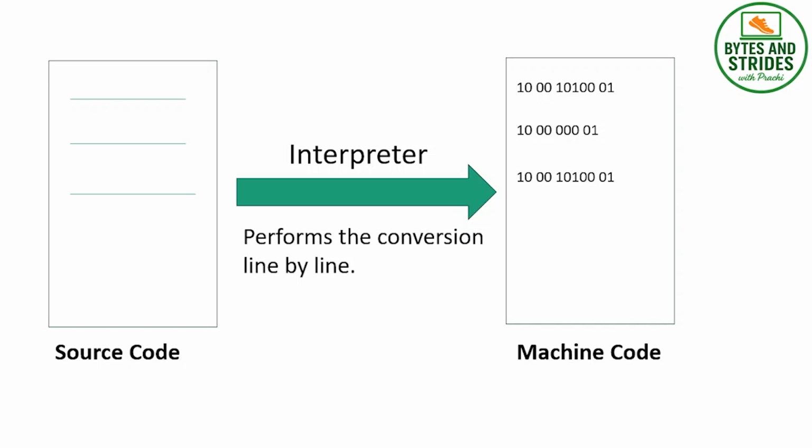So it is going to work line by line. As you can see, a compiler is going to work faster as compared to an interpreter. Some programming languages use compilers, like we have a compiler for C++, whereas in Python we are going to work with an interpreter. So it depends on the language that you are going to learn.